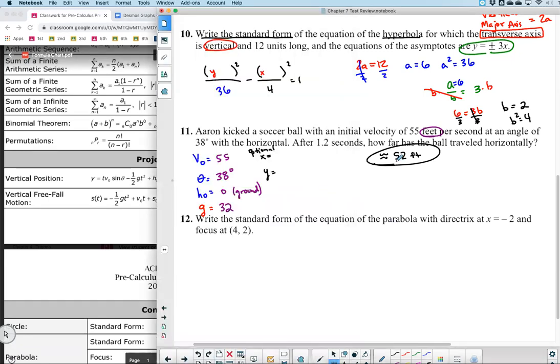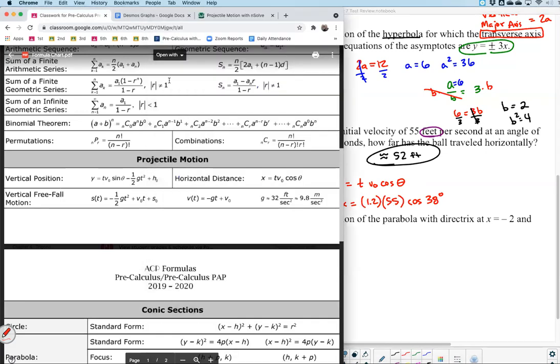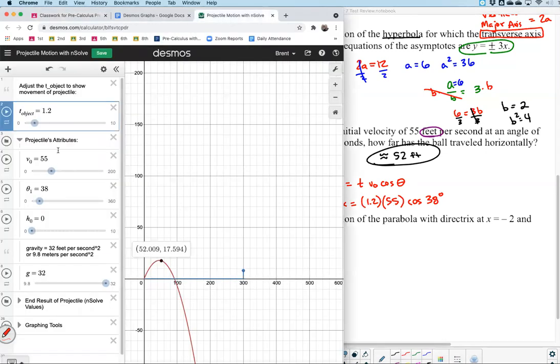You could say that the x would equal that time. Let me just write out the formula once. So we could say the x distance, that 52 feet, is going to equal 1.2 times 55 times the cosine of 38 degrees. And you can see why I didn't even put a height in there, is because you don't even need it algebraically to solve this. It doesn't matter what the height is, it travels the same distance in 1.2 seconds.